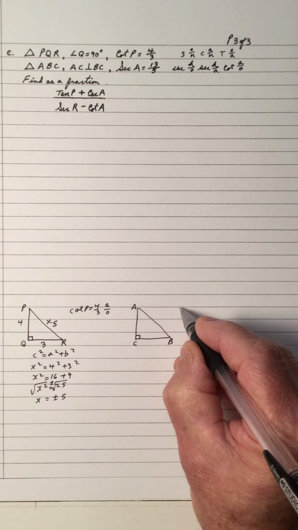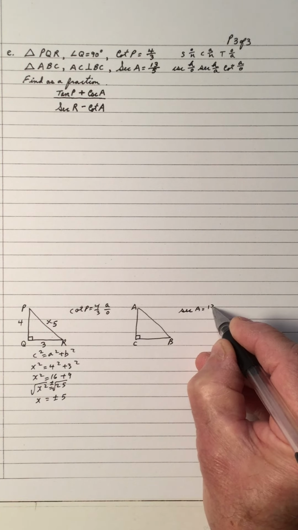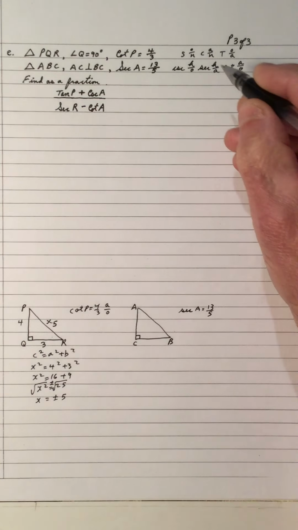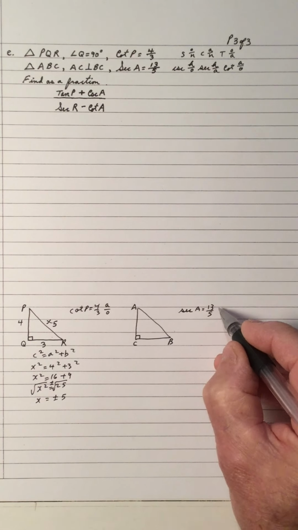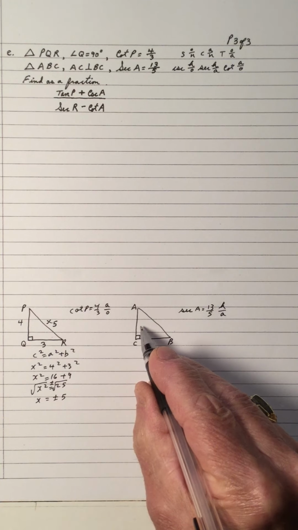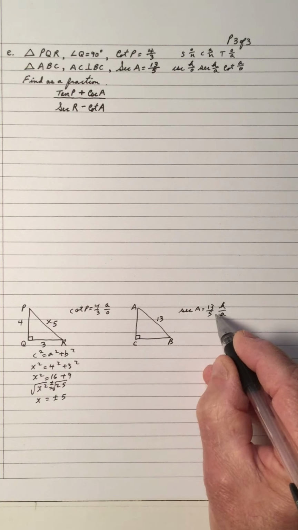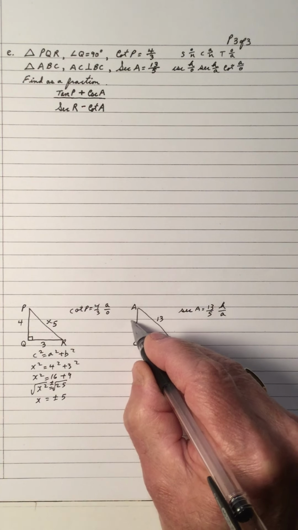And we have the secant of angle A is 13 over 5. Secant is hypotenuse over adjacent. So in this triangle, the hypotenuse opposite the right angle is 13. Adjacent to angle A is 5.